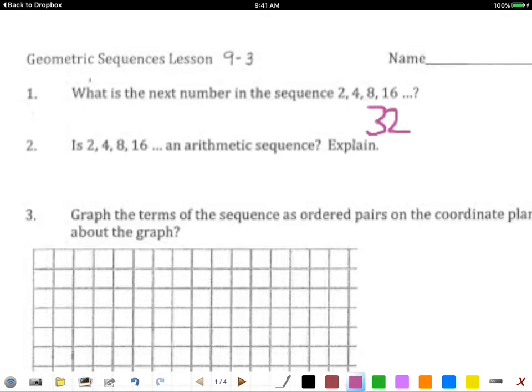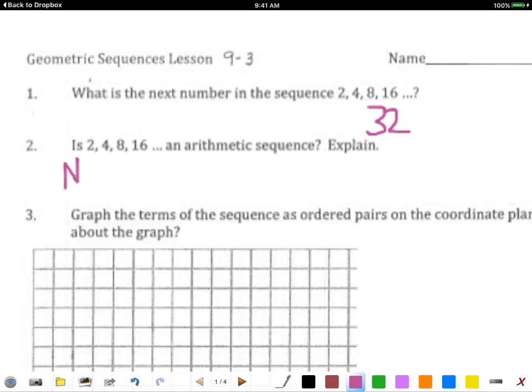What is happening? What are you doing consistently here, Benjamin? You're multiplying by 2 each time. So, with an arithmetic sequence, we had to be adding each time. We're not adding each time. We are actually multiplying. So this is not an arithmetic sequence, okay?